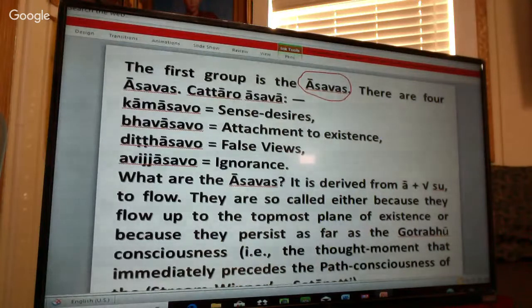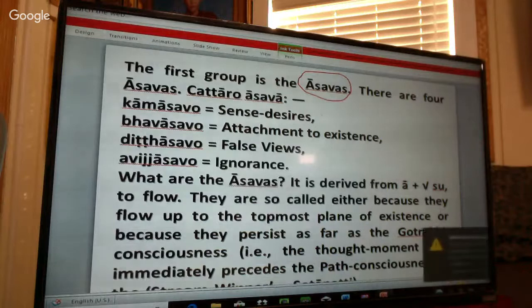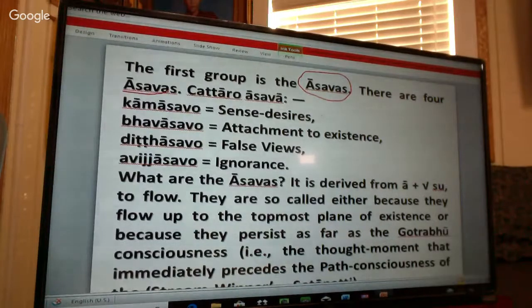So we learn asava here. How many asavas? There are four kinds of asava, not many. In Pali, Cattaro asava. Cattaro means four. The four are Kamasava, Bhavasava, Ditthasava, Avijjasava.